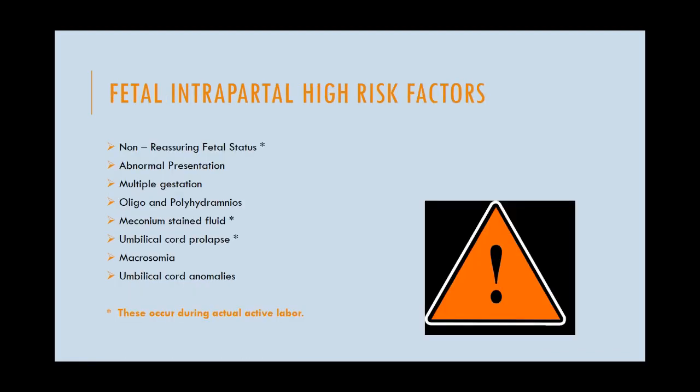And then a few fetal intrapartum high-risk factors would include non-reassuring fetal status, abnormal presentations, multiple gestation, oligo and polyhydramnios, meconium-stained fluid, umbilical cord prolapse, macrosomia, which means large baby, umbilical cord anomalies.